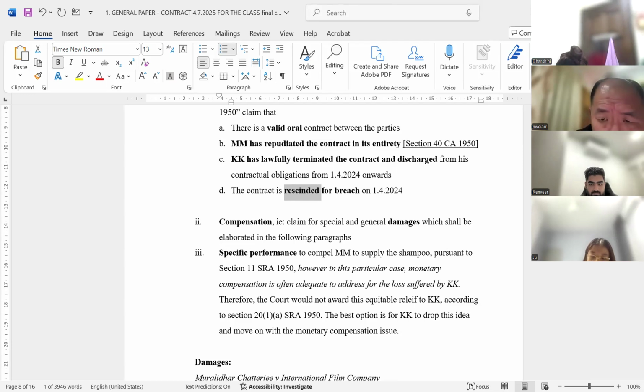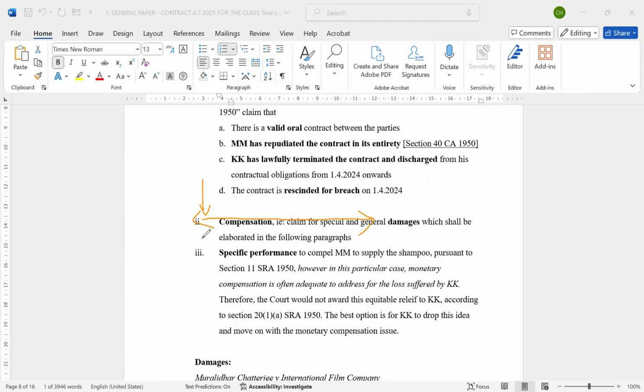That means to say the contract goes back to the original position, as in never existed before. Okay, like this. A very simple example is, for example, I buy a Rolex watch for my good friend, Mr. Gan.